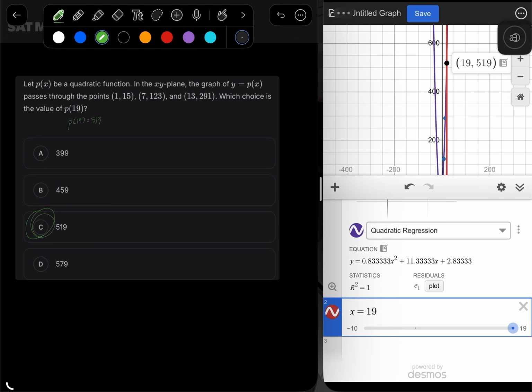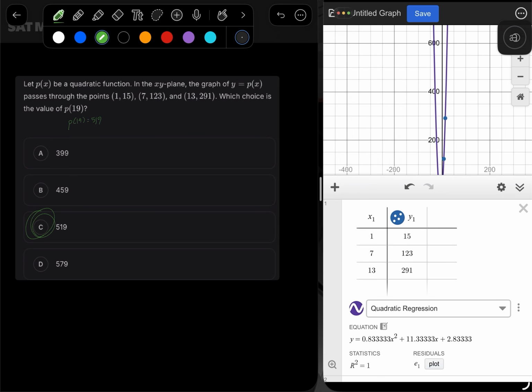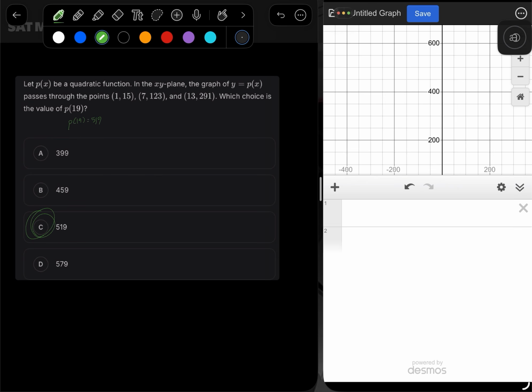Now, I also want to show you another way, because using regression is not always reliable, since sometimes Desmos actually messes up your regression graph. So another way to think about this problem is mathematically.